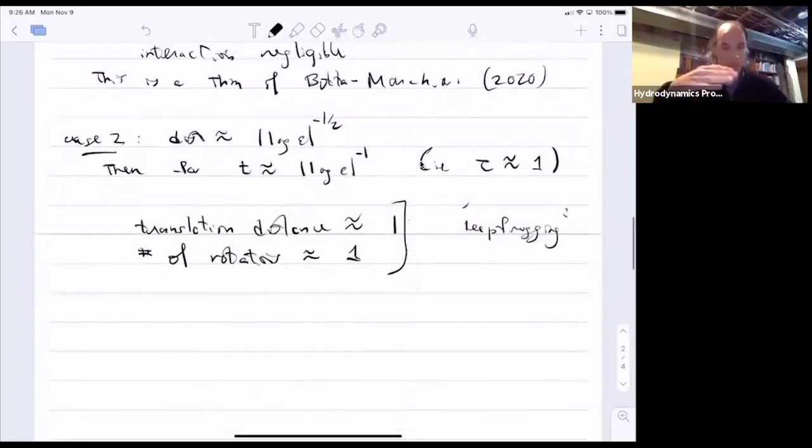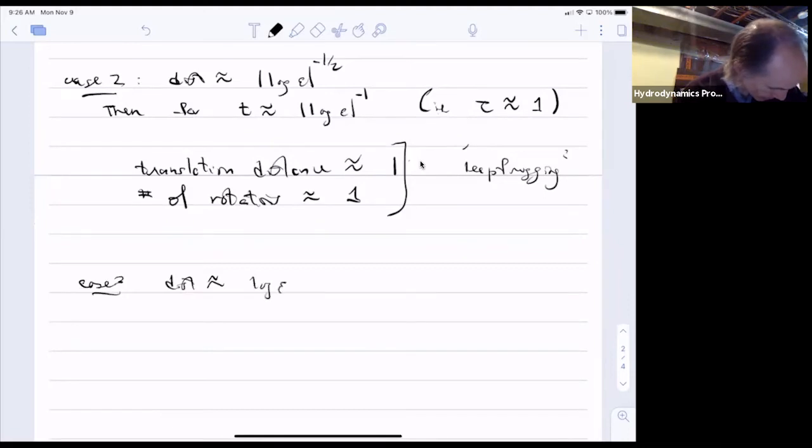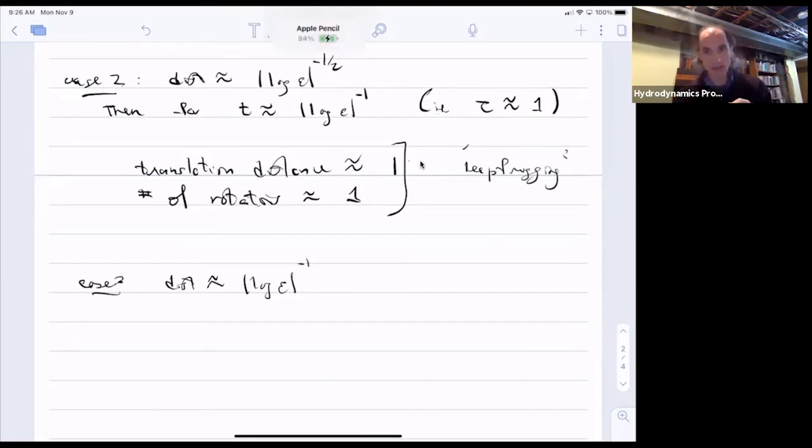Okay, and I can imagine between cases 1 and 2, you can kind of interpolate. There's a case 3, which is the distance is like log epsilon inverse. And here, in some way this is easy.